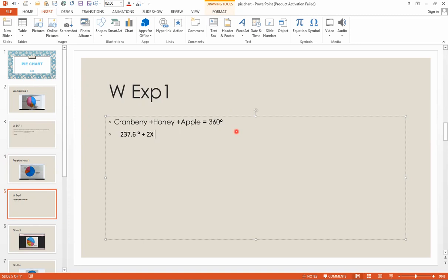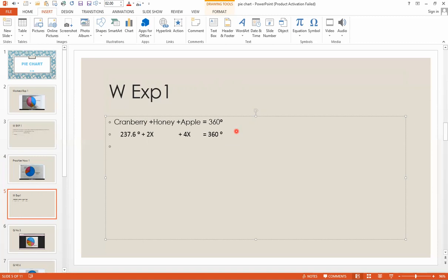The next one is apple. And what is the value of apple given? 4x. And all this is equal to 360 degree.